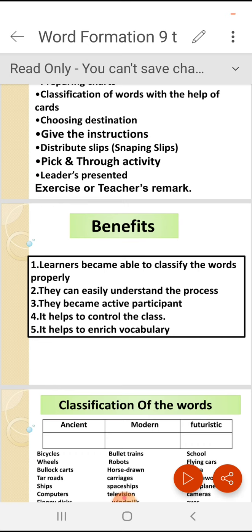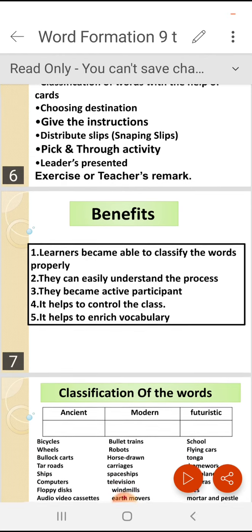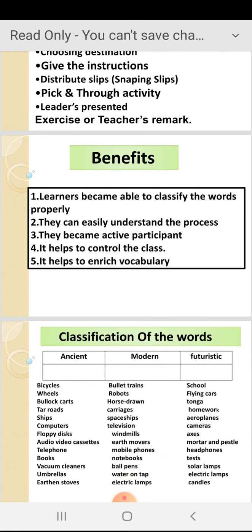Students can easily understand this process. When we write the words with the help of pictures on the card, then students easily understand if this is a word from the ancient, modern, or futuristic category.